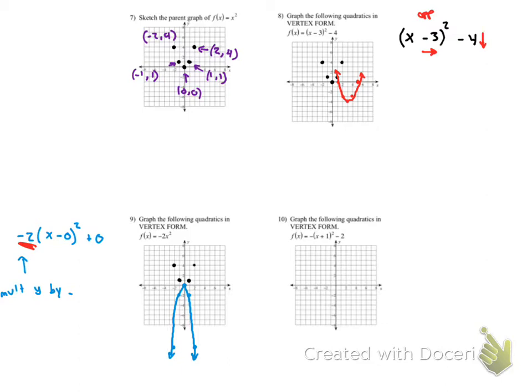Number 10, let's start it the same way. Parent graph to 4. This time we have a multiplier. Here's our multiplier there, it is -1. So let's start off by multiplying our y values by -1. Let's do this step in purple.